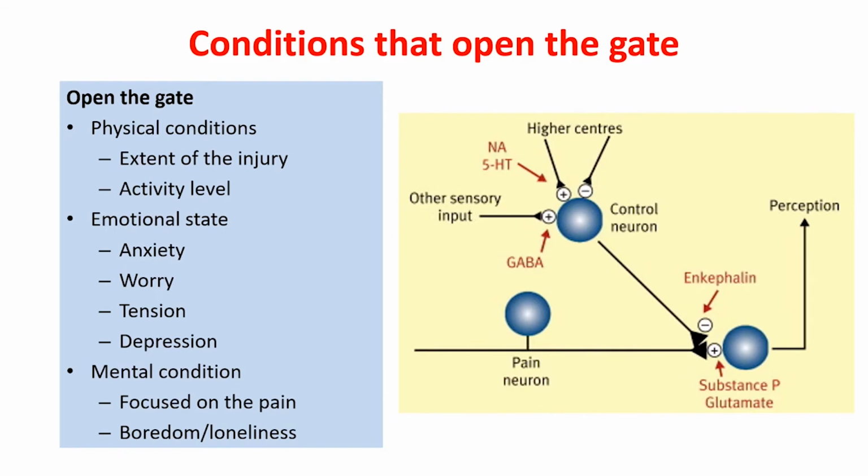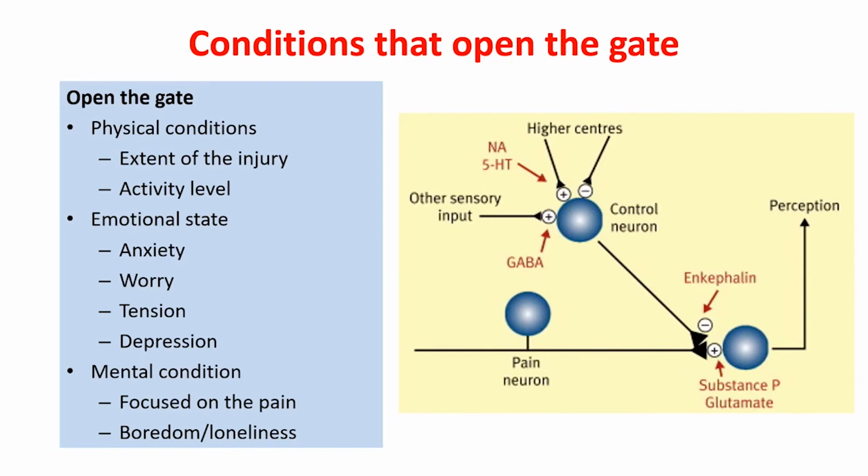And if the activity level, for example you have a soft tissue tear and you are producing activity that would further damage the tissue, that again is the physical condition. Sometimes you may require rest. Your orthopedic surgeons try to give the body part a rest. That is one aspect of the opening of the gate.